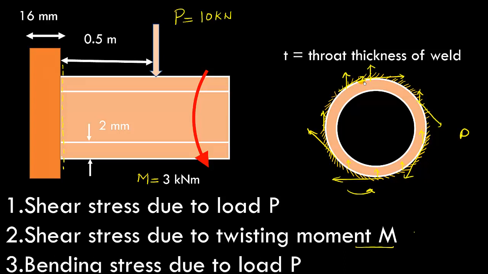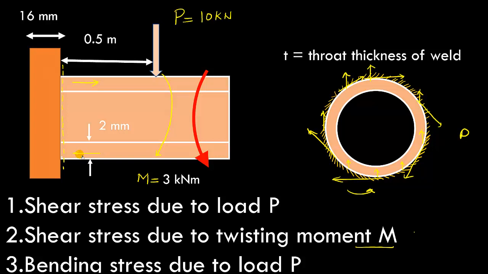And finally we will also have the bending stresses due to load P. So if you see this load P, this is acting at a distance, so basically in this case this force is applying a moment, and this moment will try to generate a tensile stress on the top fiber and a compressive stress on the bottom fiber.